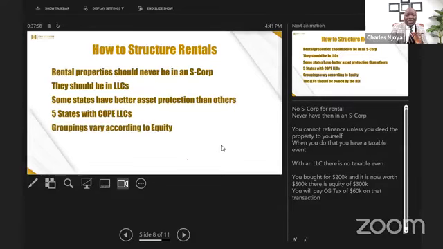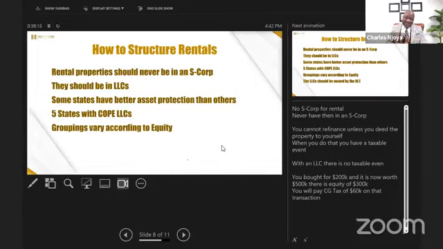And then another thing I see all the time is most people don't know, because the question that usually comes is, do I have to have LLCs? Do I have to have each of my properties in an LLC?